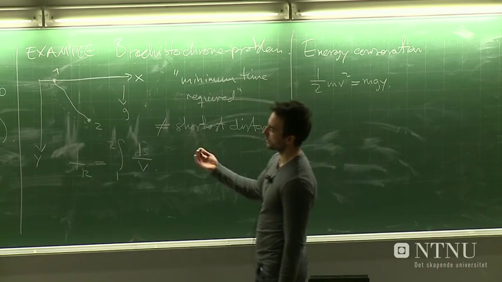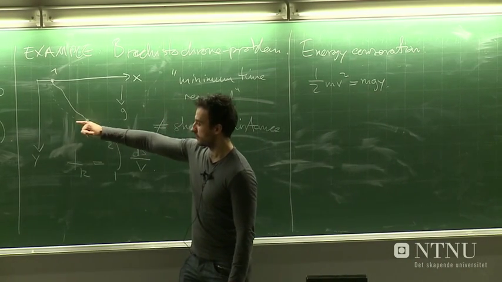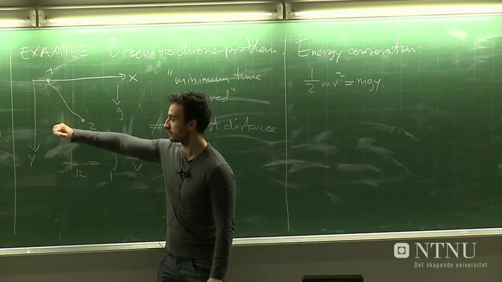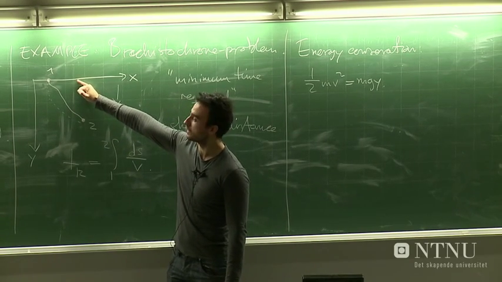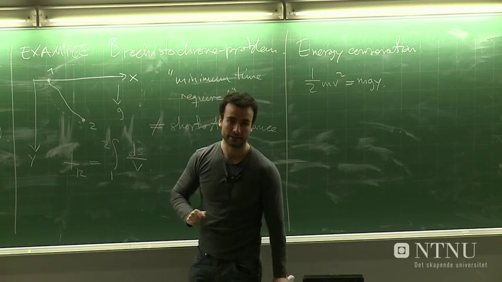So we just choose basically the reference level of potential here, so that the particle has potential energy to begin with, and everything is converted into kinetic energy.